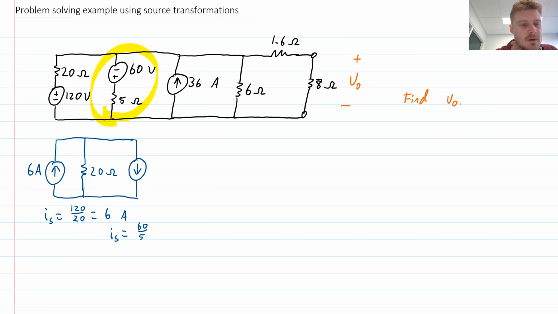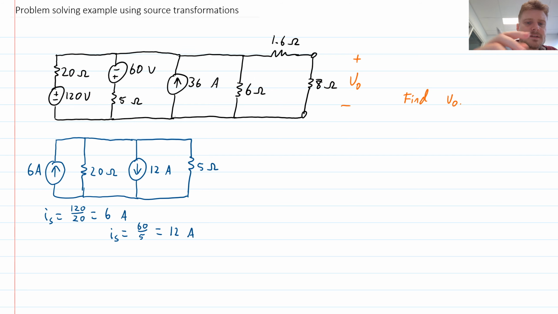This is just Ohm's law, V over R, which is 12 amps. So I will have 12 amps in parallel with the resistance, which stays the same, 5 ohms. And the rest of my circuit, I'm just going to keep as is for now.